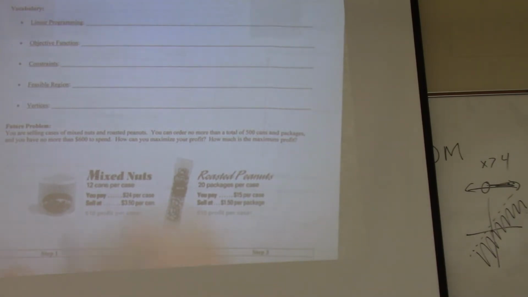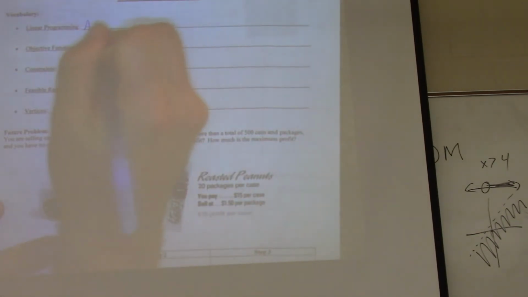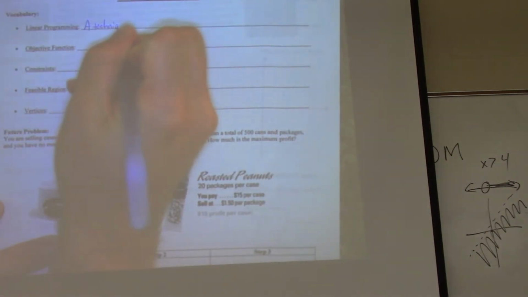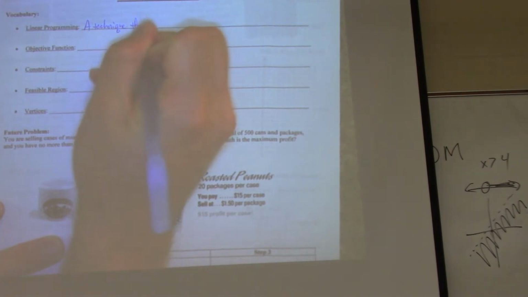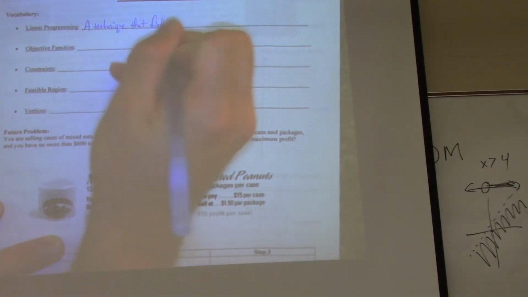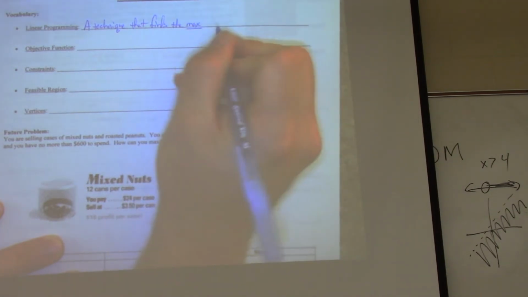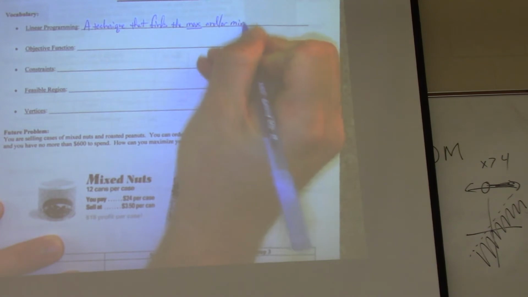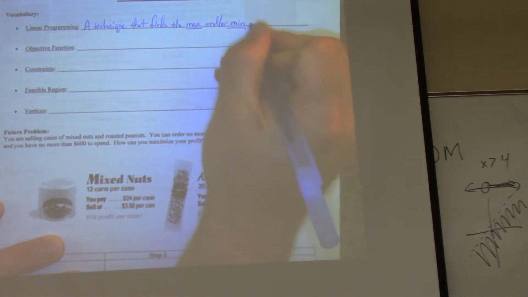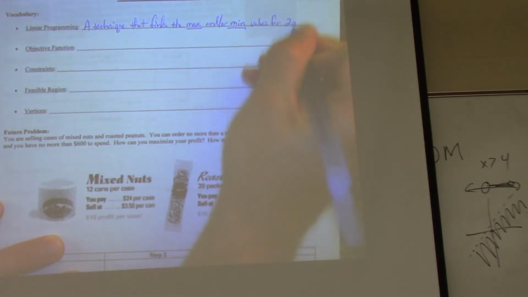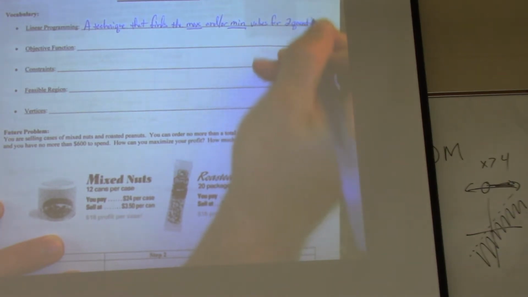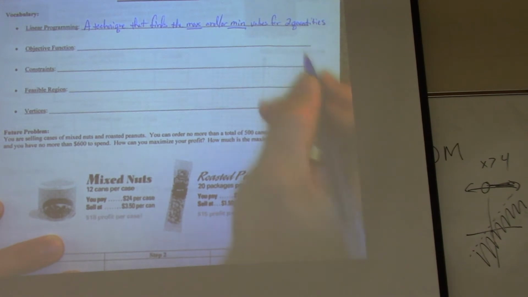Linear programming itself is a technique that finds the maximum, which I'm going to shorten to max, or minimum (min) values for two quantities at a time.